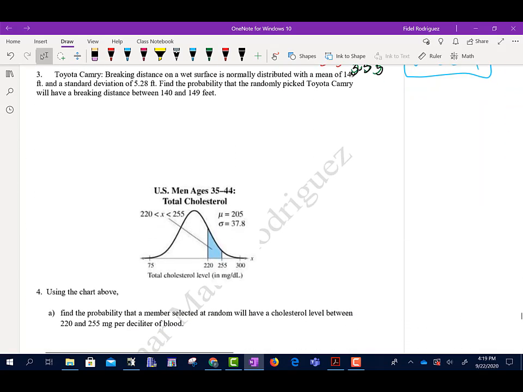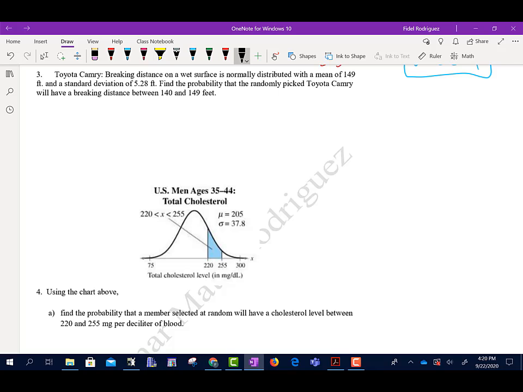So let's take a look at number 3 and see if we can't figure this one out. Toyota Camry, it says braking distance on a wet surface is normally distributed with a mean of 149 feet. Yes, 149 feet. And a standard deviation of 5.25 feet.